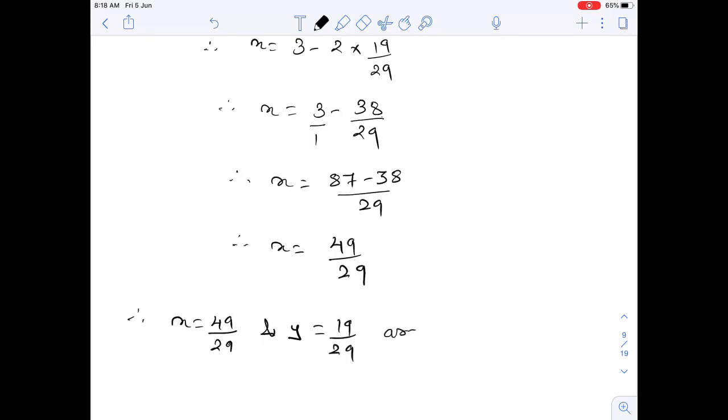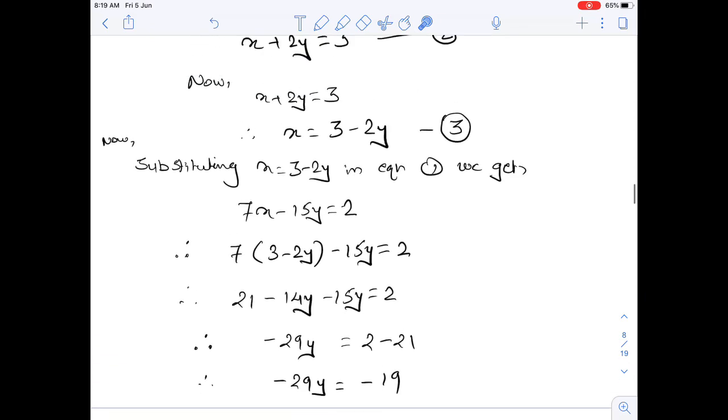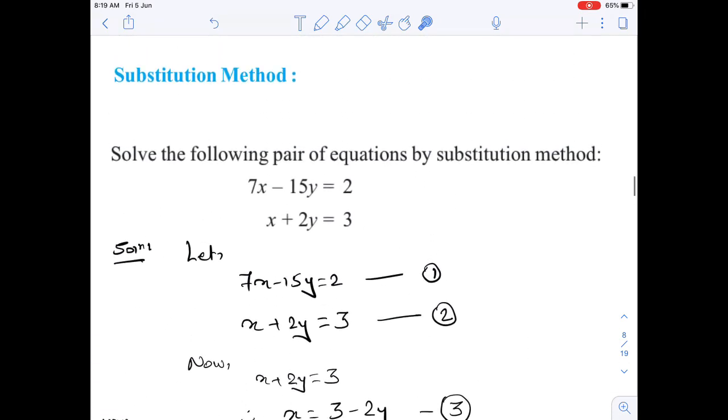These are the solution of the given equations, okay. So here we can see that we are having separate values for x also and for y also. So in this way we can find the solution of any equation by using the substitution method, okay.